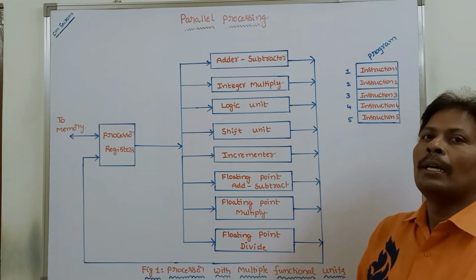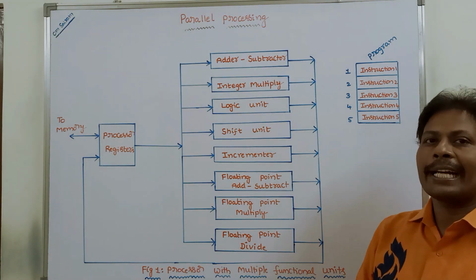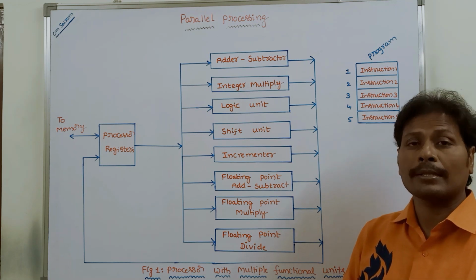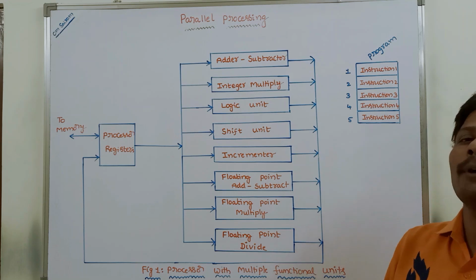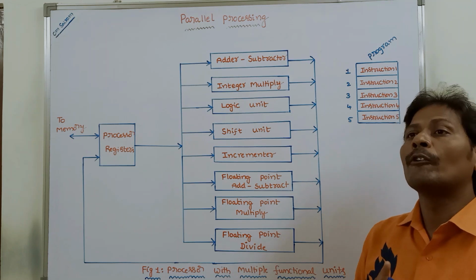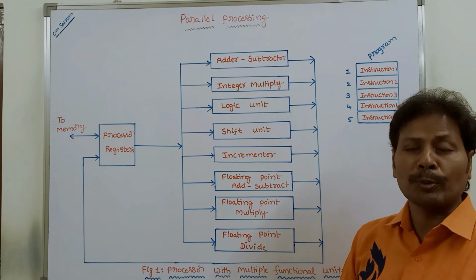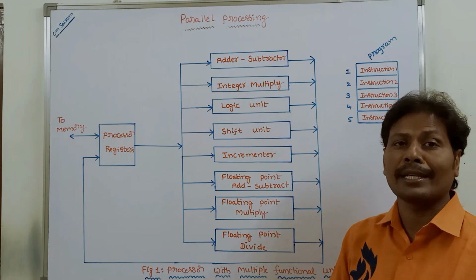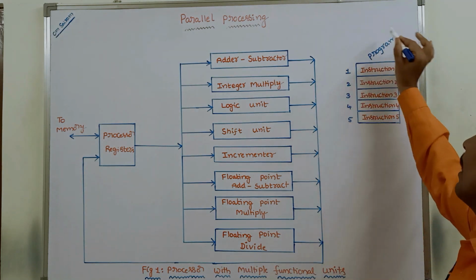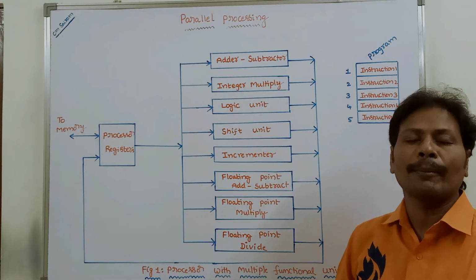First, the execution time of the program increases. Second, 2 or more instructions cannot be executed at the same time. Third, the performance of the system degrades. Fourth, the throughput of the system also decreases. Throughput means the number of programs that can be executed in 1 unit of time.